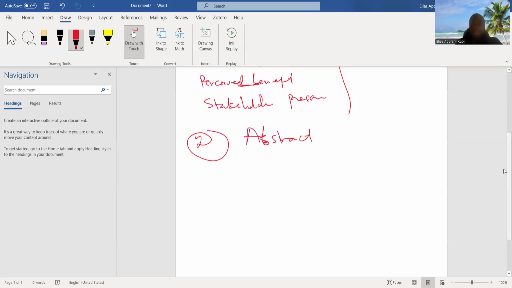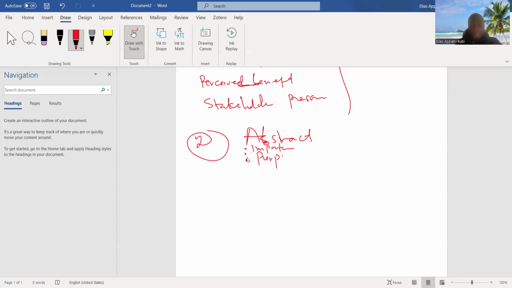In writing the abstract, there are some sections to cover. One of the sections is the purpose of the study. Let me even start from here. Let's say it has about 200 words. Before the purpose, you can bring the importance or significance of the study, and even the gap.